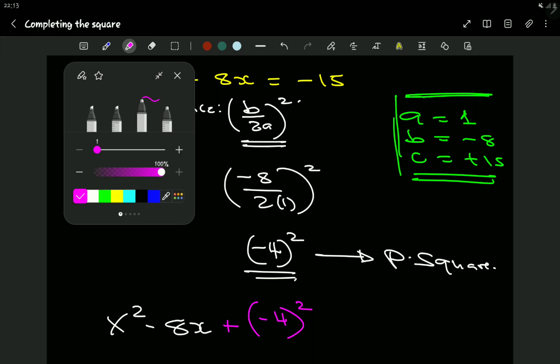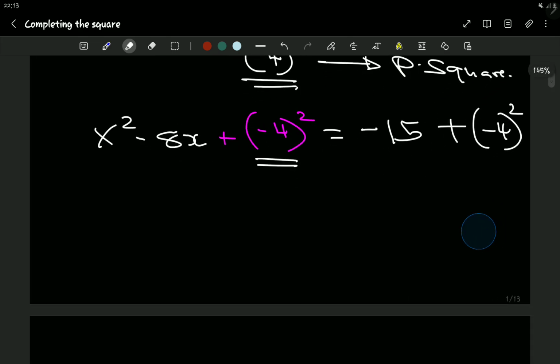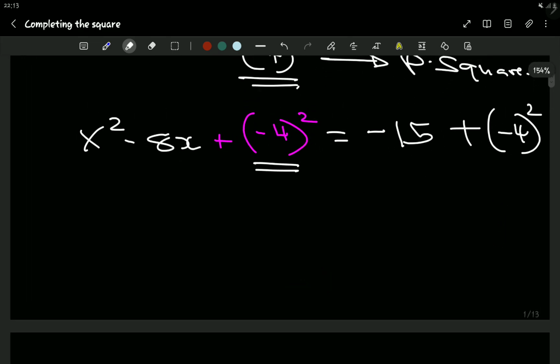And here, as I mentioned, you're not supposed to open this up. If you open it up, you're going to be in trouble. Remember, you're bringing it in so that it can delete the guy at the center. So on the other side, I have negative 15, which also has negative 4 squared added to it.